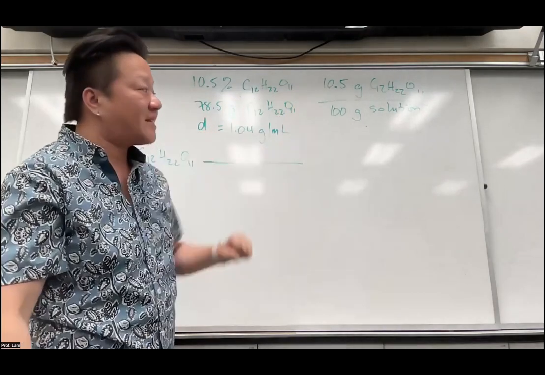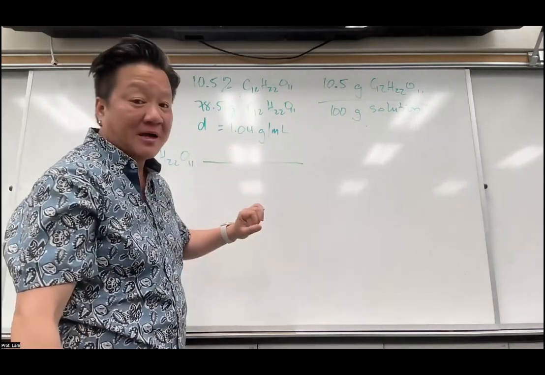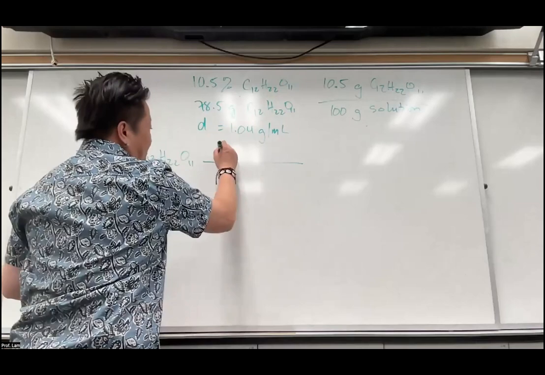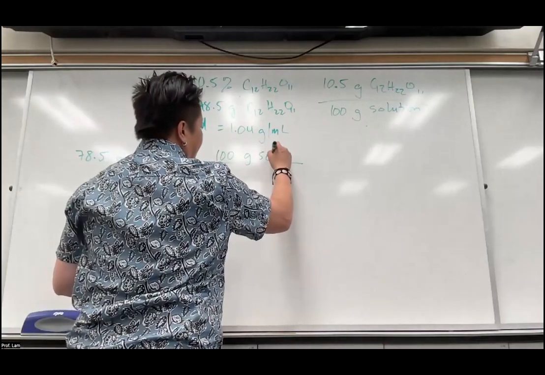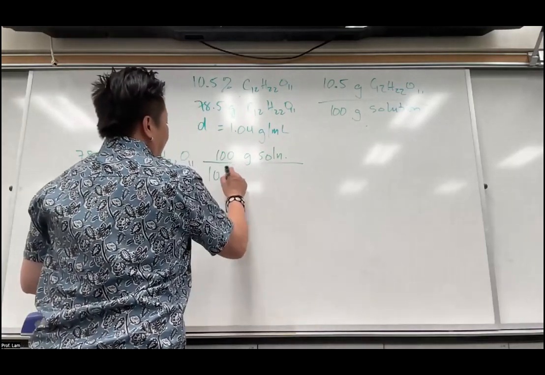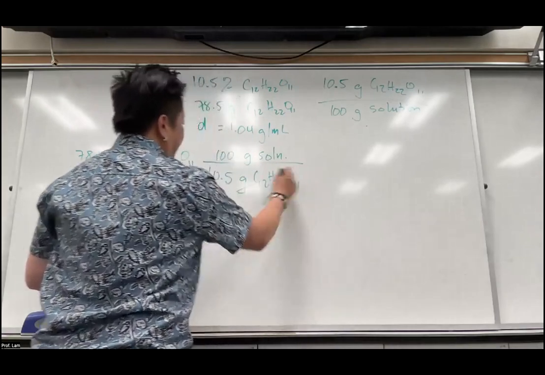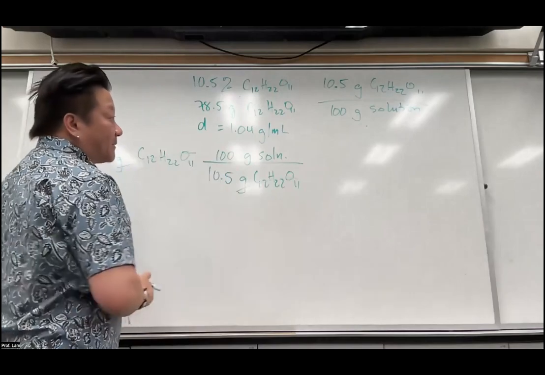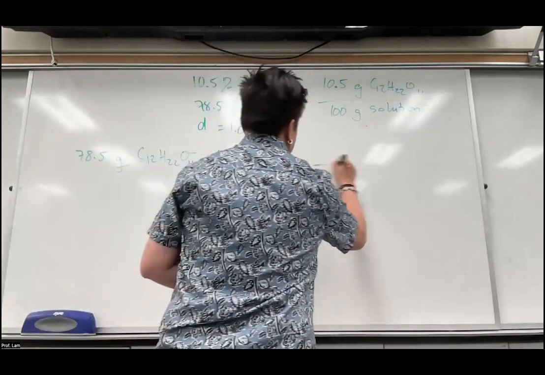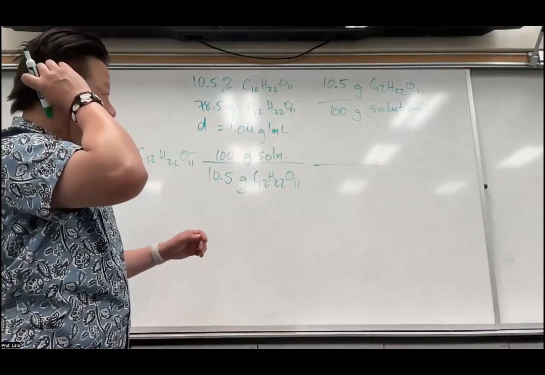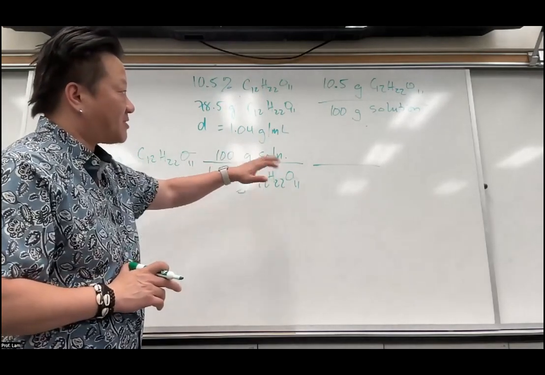And if you break it down like that, now it makes it really easy to apply, right? You want solution on top, so 100 grams of solution over 10.5 grams of C12H22O11. Remember, you want this to cancel, right? And then it's asking you the volume, right? So how do we get from grams mass to volume?